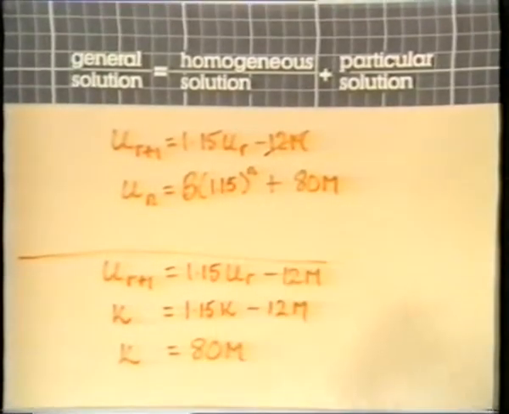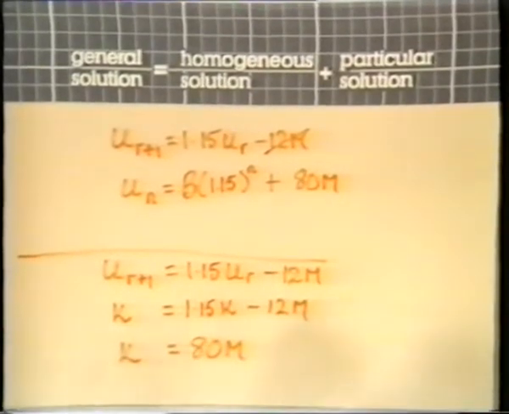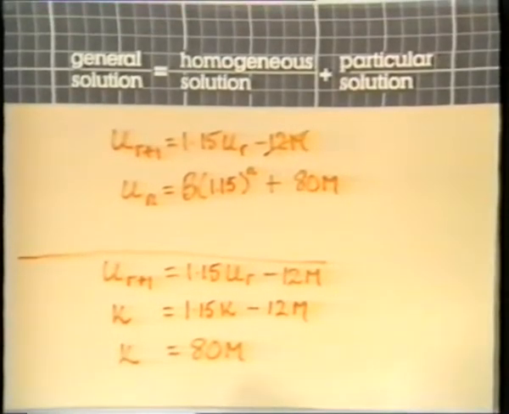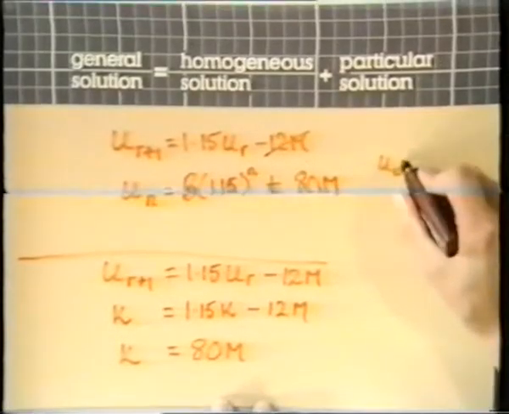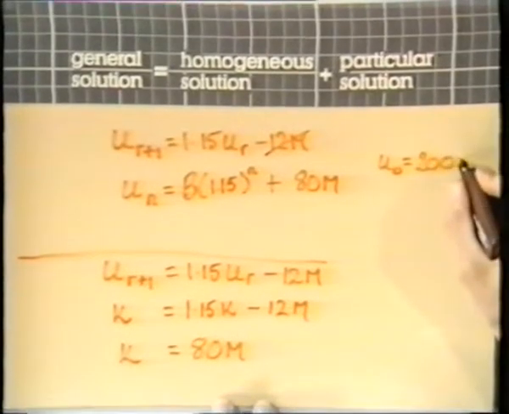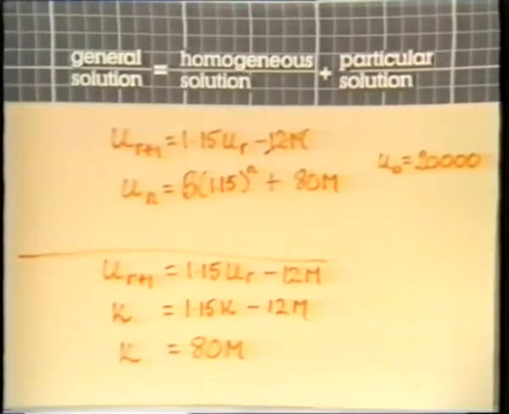Now, this solution involves two unknowns, b and M. And we need two extra conditions in order to get the formula that Pete had earlier. Now, what pieces of information do we have? Well, we know that the initial value, U0, the mortgage we started out with, was £20,000. So we write U0 is equal to 20,000. And after 25 years, we should have paid it back.